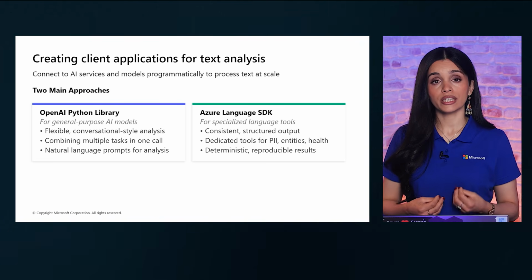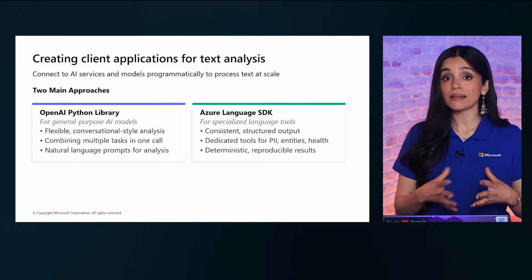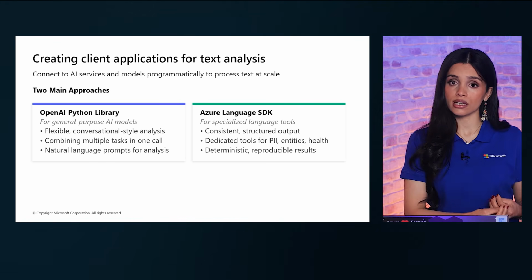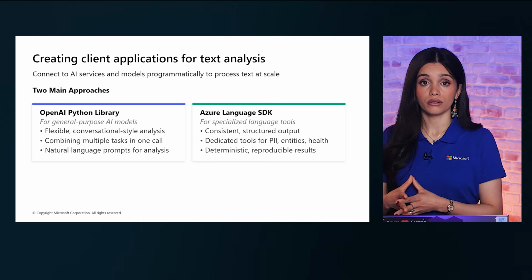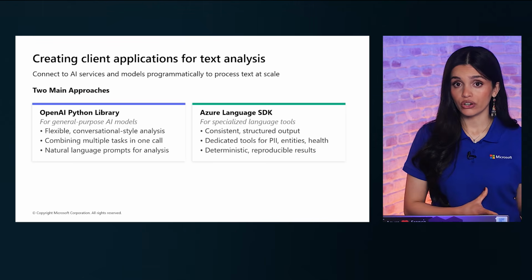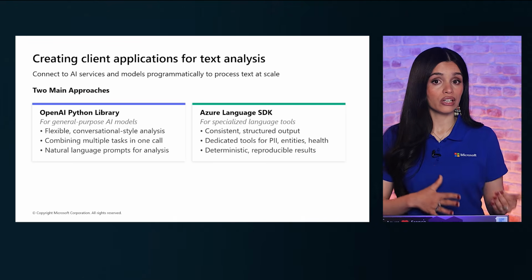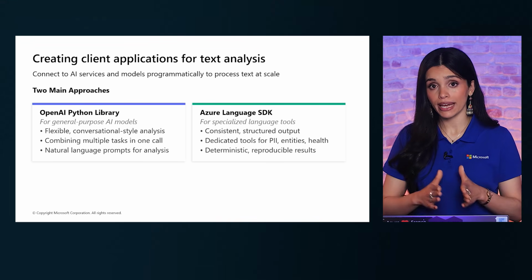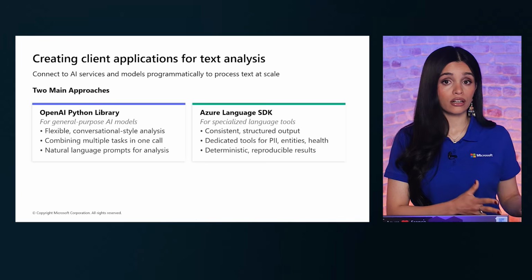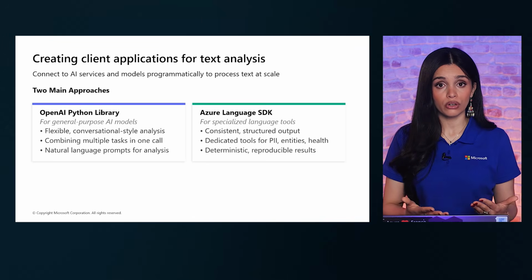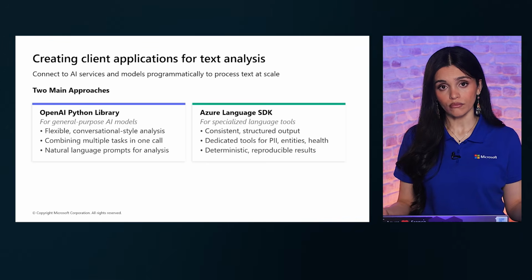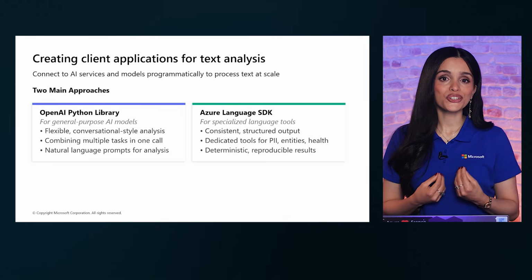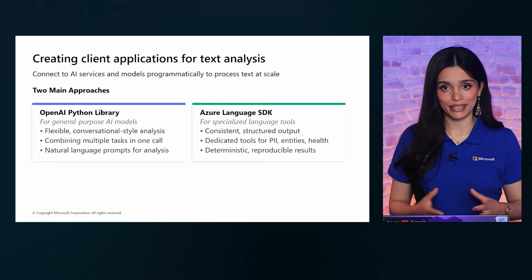It does this using APIs, which are simply a way for software systems to talk to each other. To make this easier, developers usually rely on client libraries, which provide ready-made code so applications can call AI services securely and correctly. In Foundry, there are two main approaches for client applications.